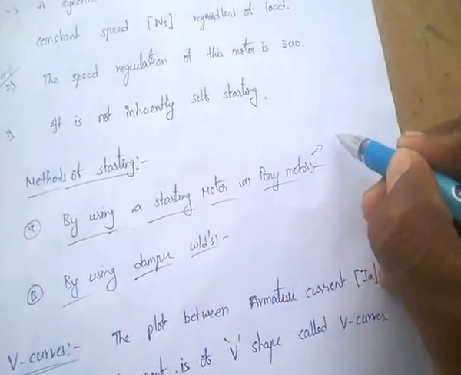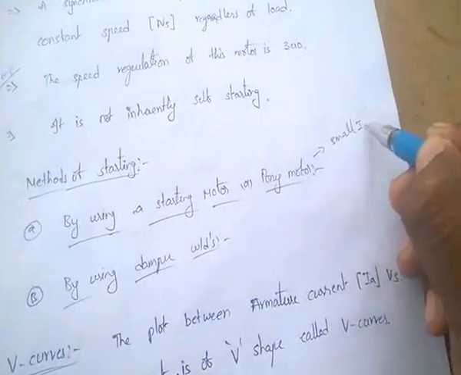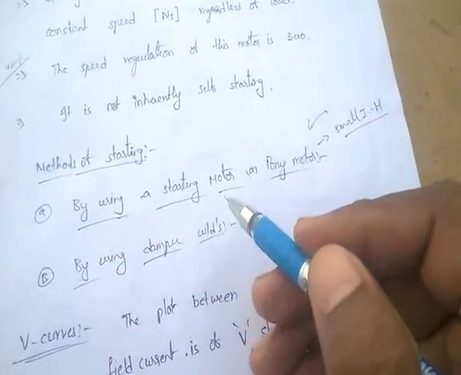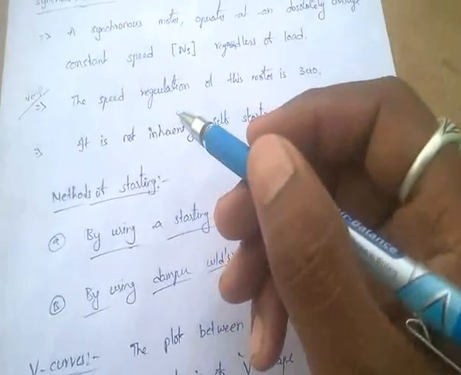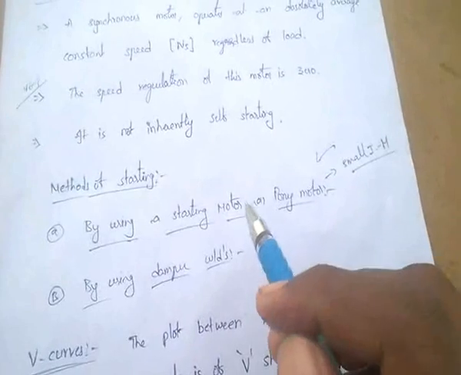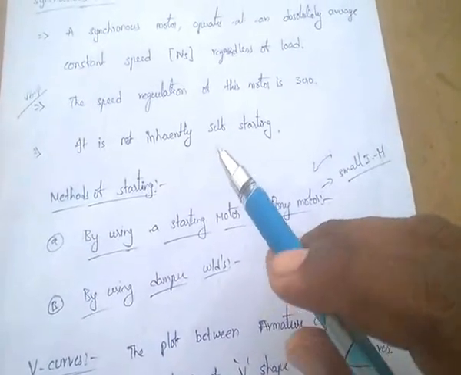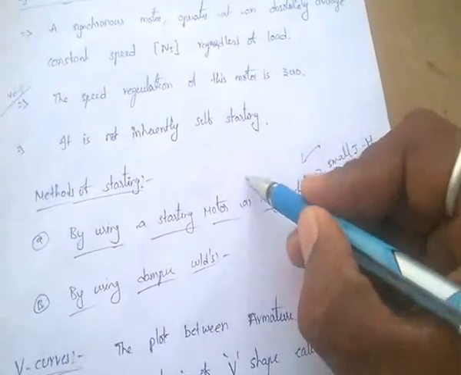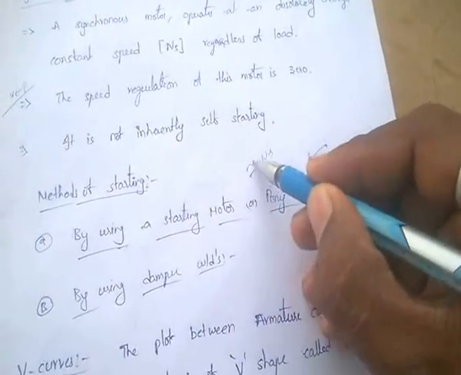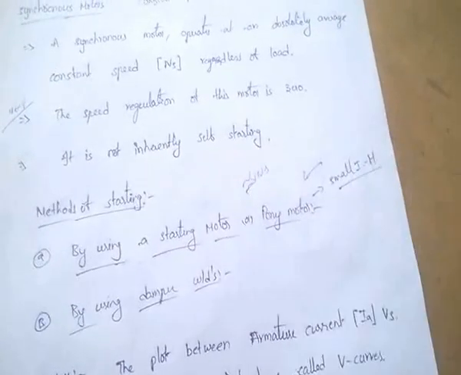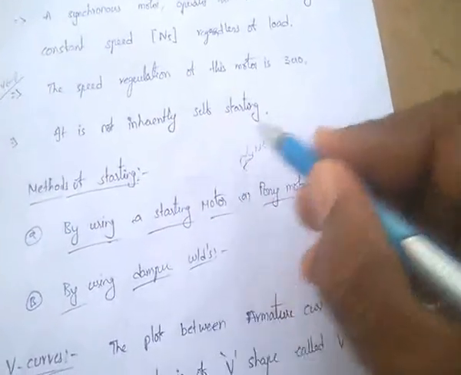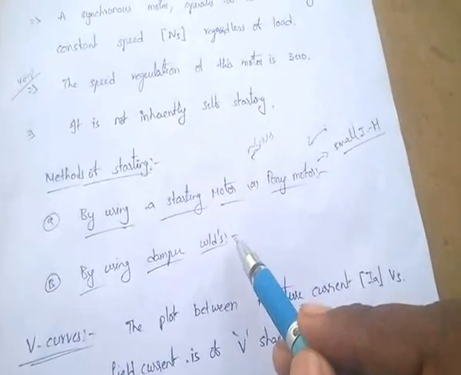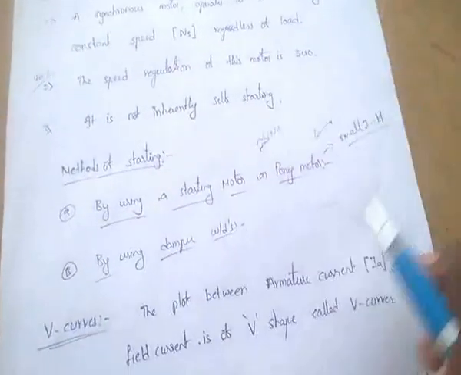A pony motor is a small induction motor. By using the starting motor, we can rotate the synchronous motor near the synchronous speed, and then the motor will rotate at synchronous speed. The other is by using damper windings.